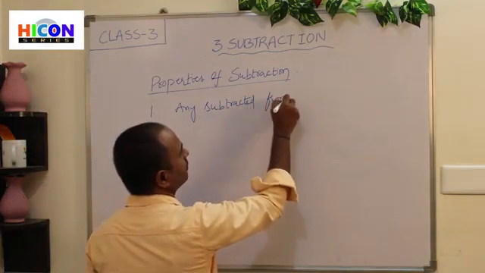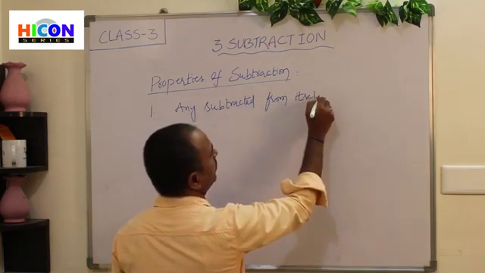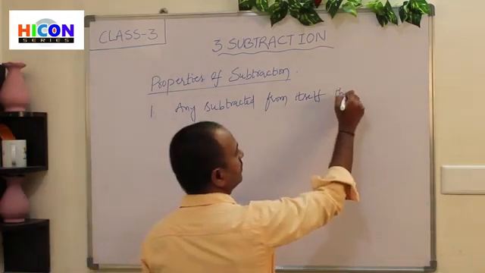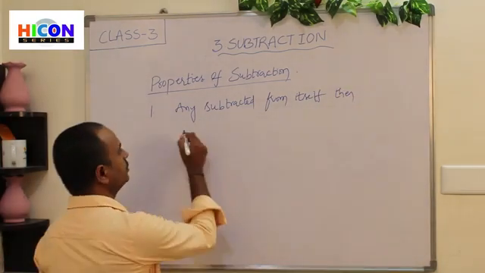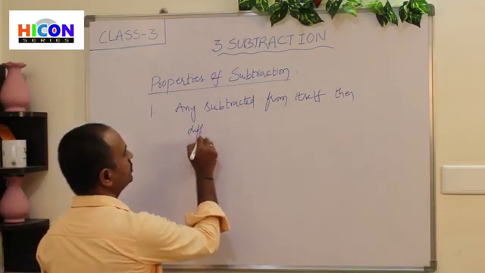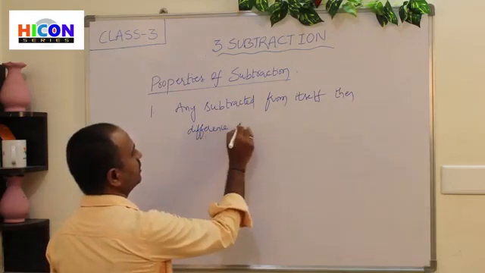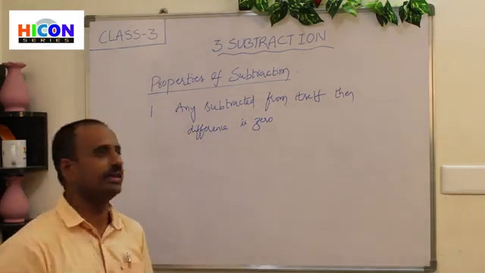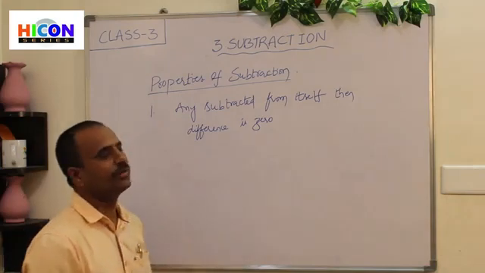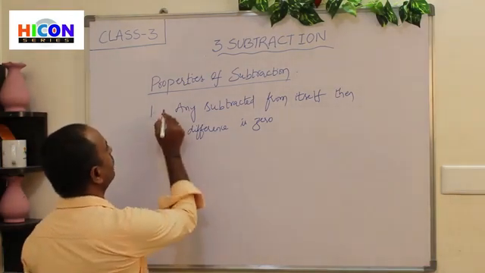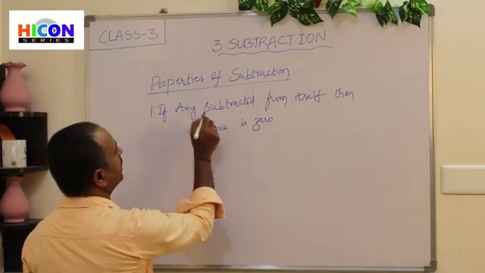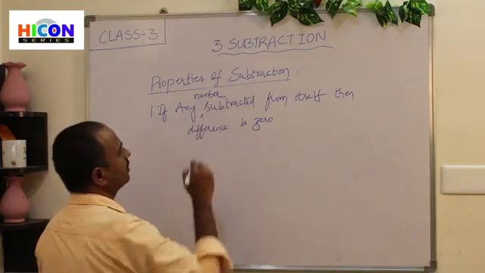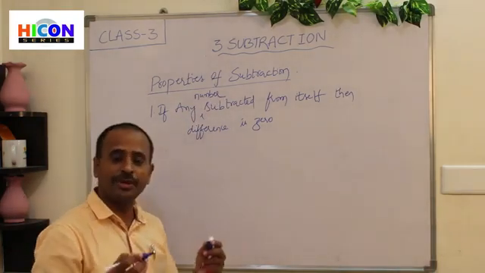The difference becomes 0. So this is the first subtraction fact, the first property of the subtraction. If any number is subtracted from itself, the difference is 0. That means the answer becomes 0.